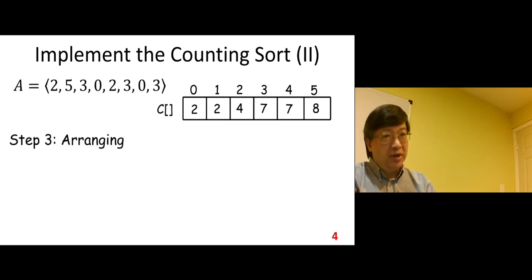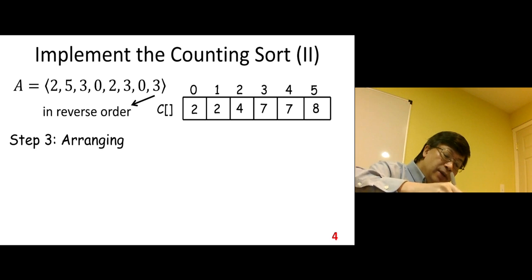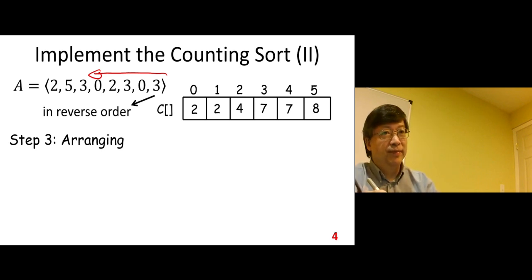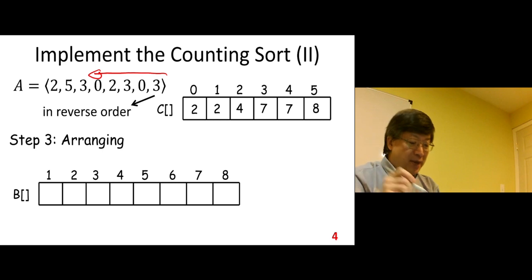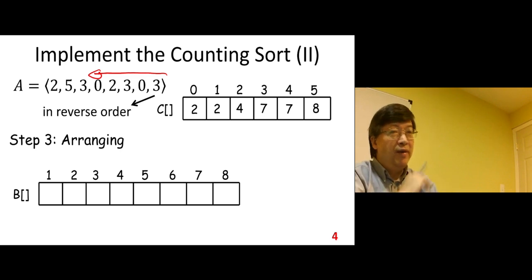Step 3, arranging. When we do the arrangement, we work in reverse order. Now, the B array is the destination array, the array where all the elements get sorted.